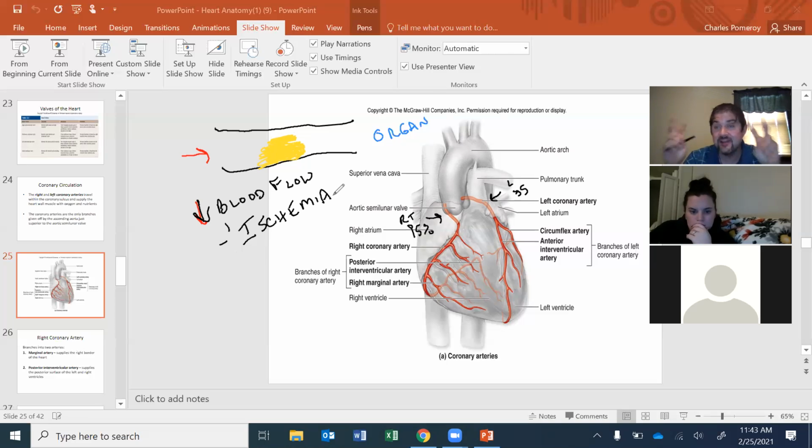But sometimes with the heart, you'll see things like exercise intolerance, or if they start exerting themselves, they'll get chest pains, angina.